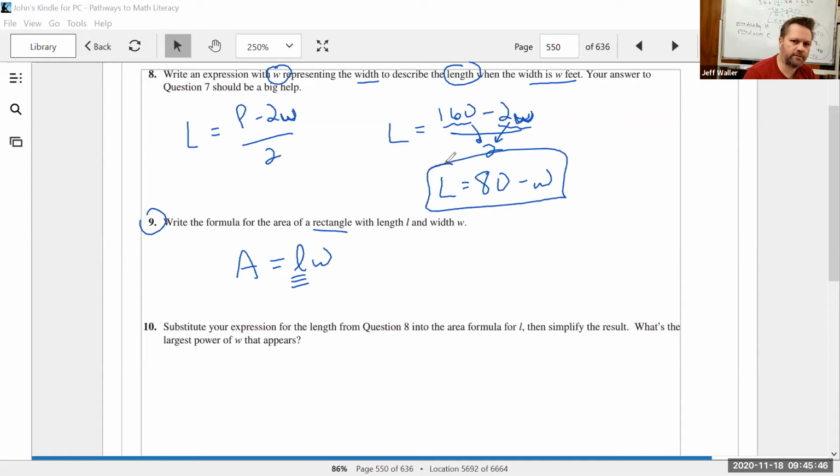80 minus W. So this is the idea of substitution. In place of L, I'm going to put 80 minus W, and then it's times W, right? L times W. Can you simplify that for me?